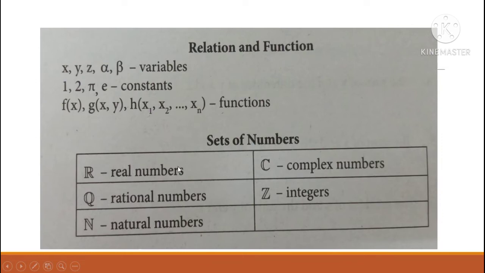If you see this symbol, this is the real numbers, R. If you see Q, that is the rational numbers. If you see N, that is called natural numbers. C is complex numbers and Z is the integers.